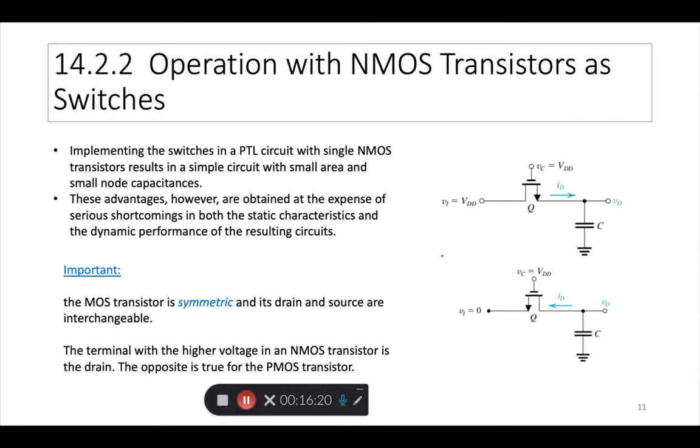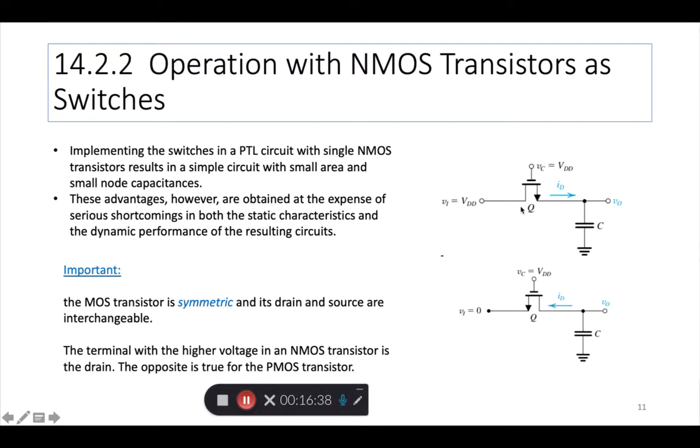They are interchangeable, which is different from a BJT, right? With a BJT, generally an emitter and a collector are not interchangeable. But with MOS devices, they are, and this interchangeability plays a big role as these switches are implemented.